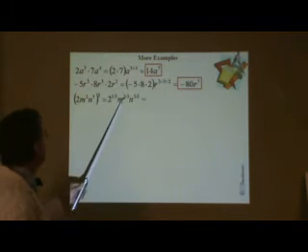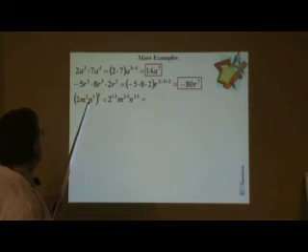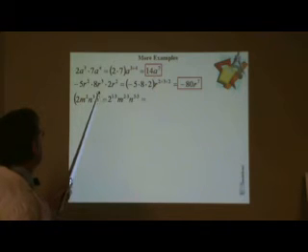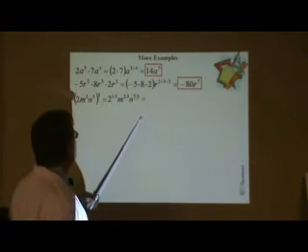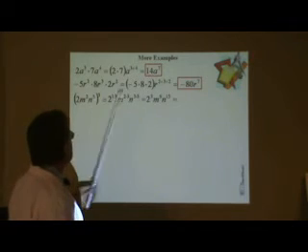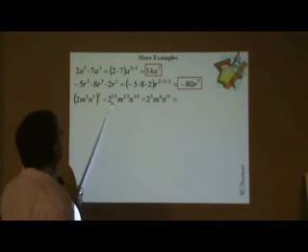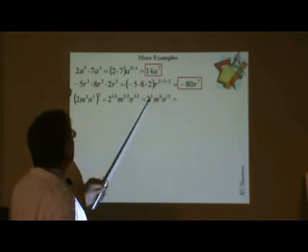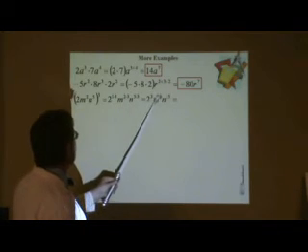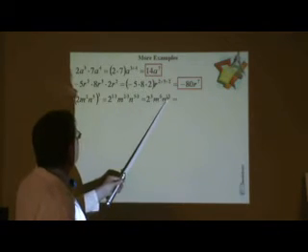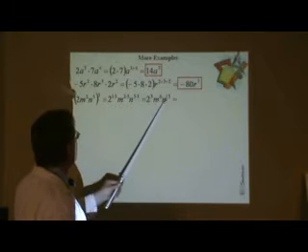I get m to the 2 times 3. Now n to the fifth power, then take that to the third power, I get n to the 5 times 3. Boom. Do all the math, take it all out, I get 2 to the third power multiplied by m to the sixth power, that's 2 times 3 is 6, and n to the 15th power, that's 5 times 3 equals 15.